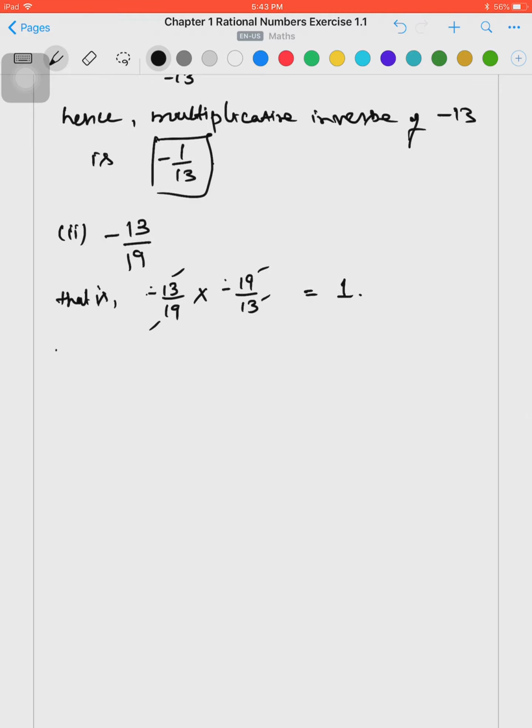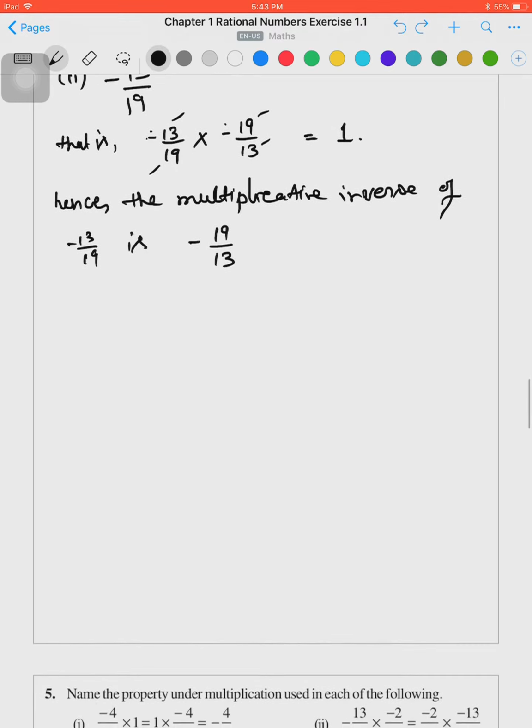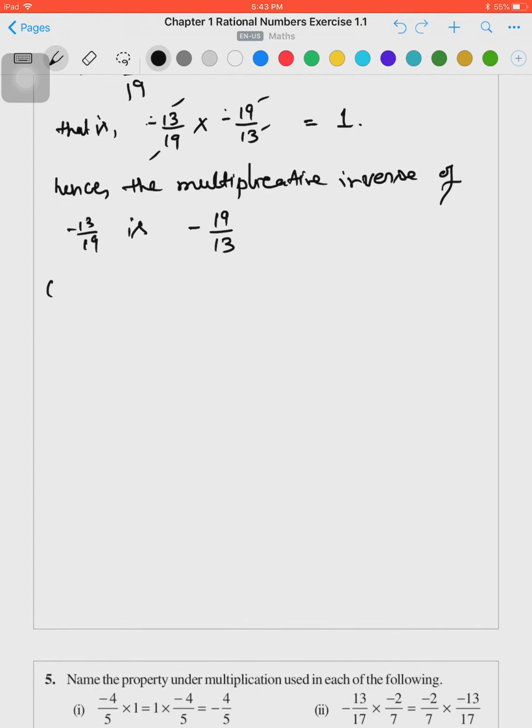So write, hence the multiplicative inverse of minus 13 by 19 is minus 19 by 13. So that's our answer. The multiplicative inverse of minus 13 by 19 is minus 19 by 13, which is the reciprocal of the original number.